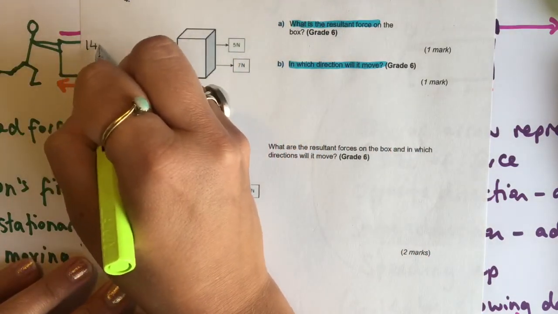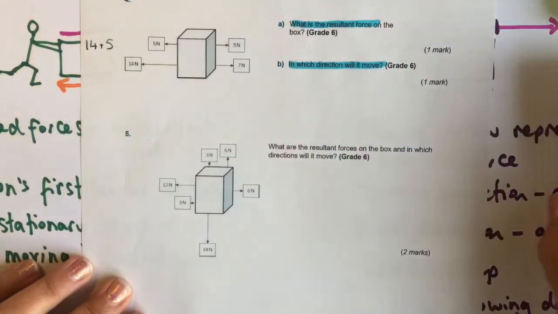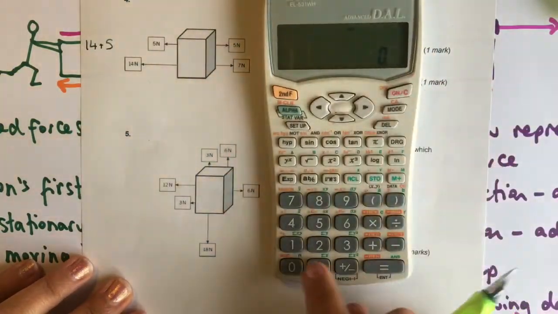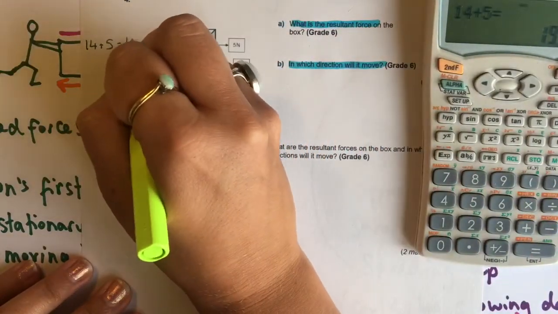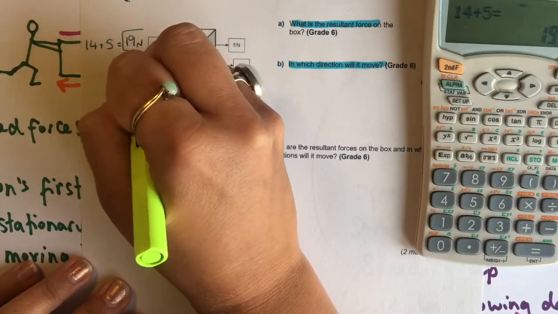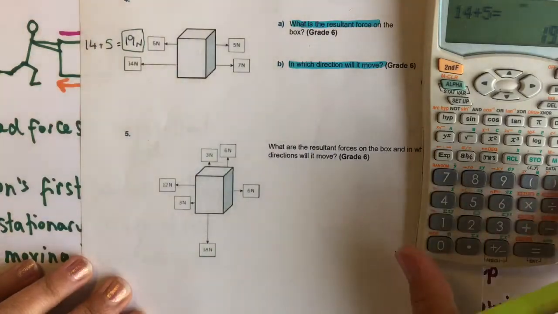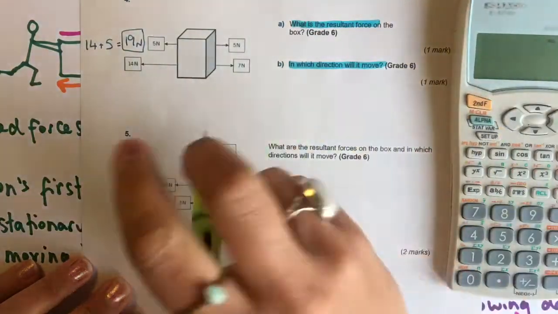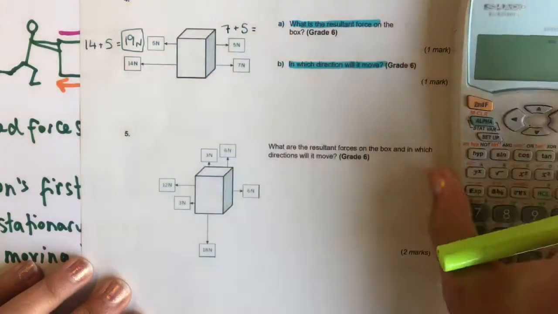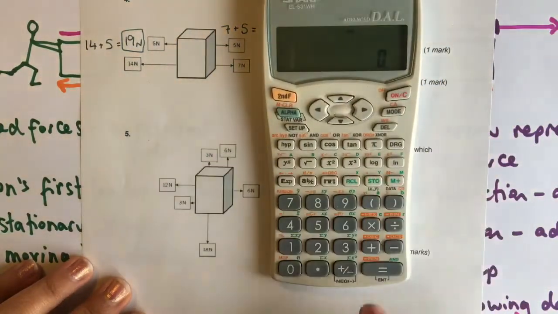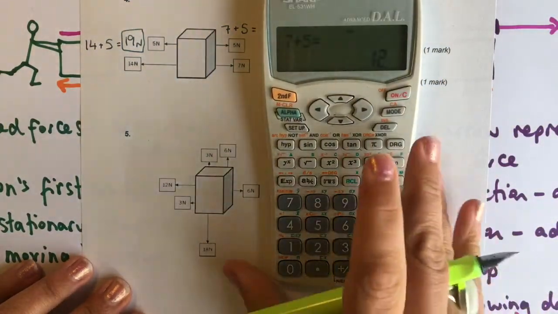So if we do 14 plus 5, then 14 plus 5 is 19. So we've got 19 newtons overall going to the left, and then to the right we've got 7 plus 5, which is 12.